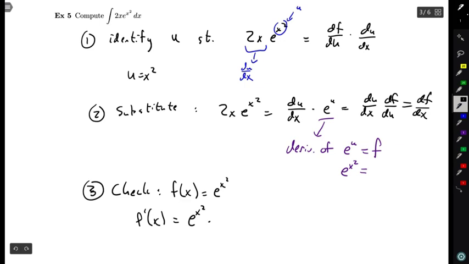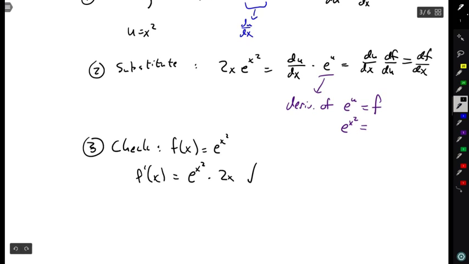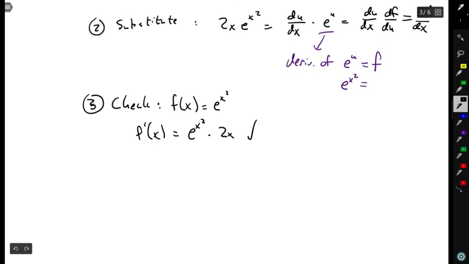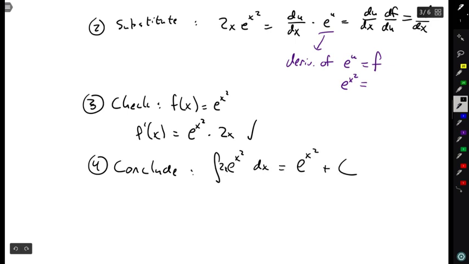And then we multiply by the derivative of that inside function. So in this case, the derivative of x squared is 2x. So yes, we have found an antiderivative, and that allows us to conclude that the integral of e to the x squared times 2x dx is equal to e to the x squared plus c.